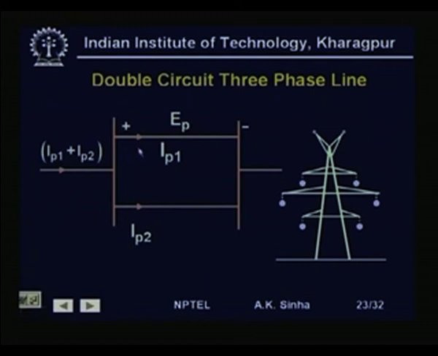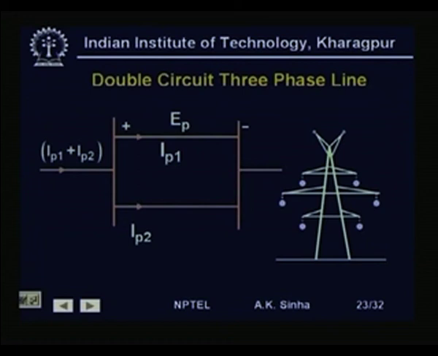This is one circuit, this is another circuit connecting 2 bus bars or 2 substations. Now, the current flowing in one circuit is IP1, the current flowing in the other circuit is IP2, where IP is basically a 3 element vector which consists of IA, IB and IC.